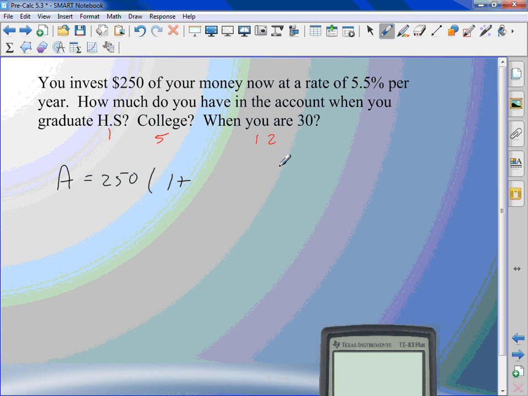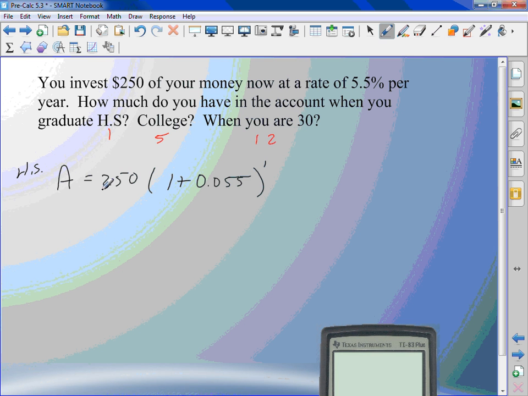But I don't write 5.5%, I write 0.055. Move the decimal over 2 places. To the first power. Do you have to put that one up also? You don't have to, because everything is just automatically given to the first power. This is the only work I need to see.